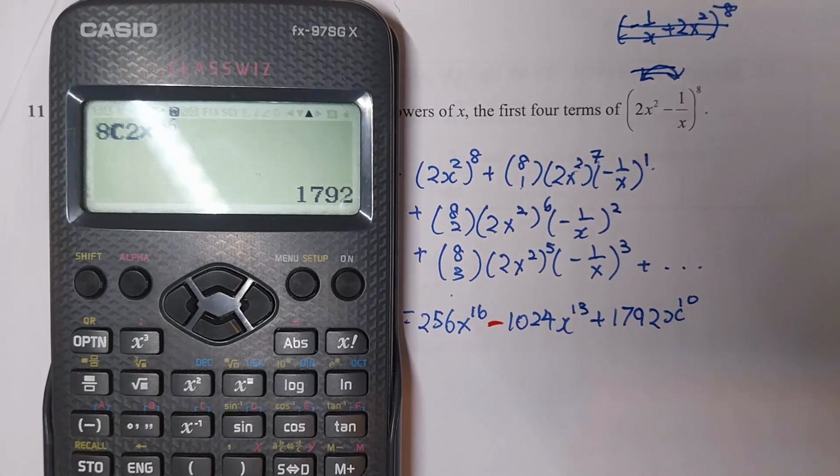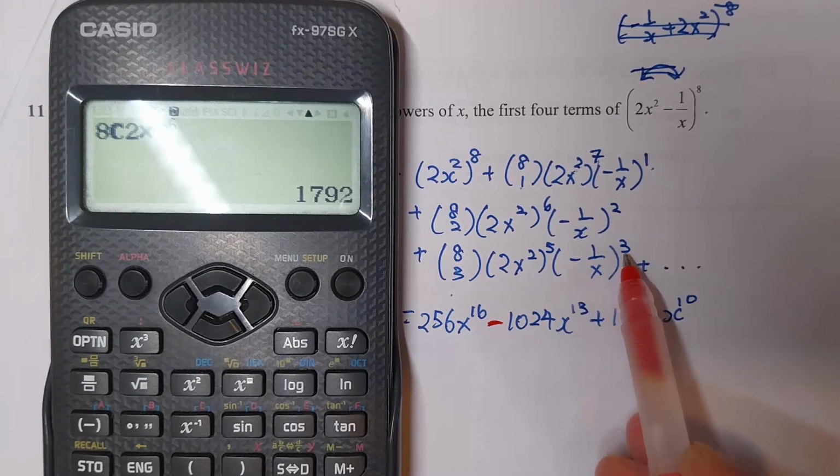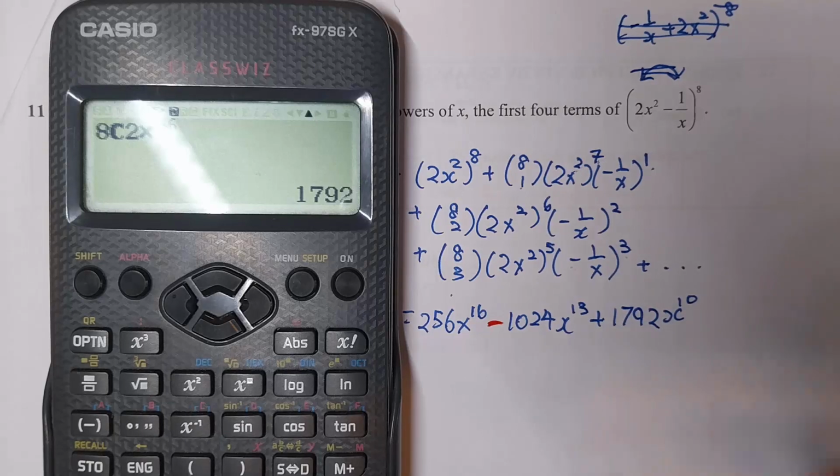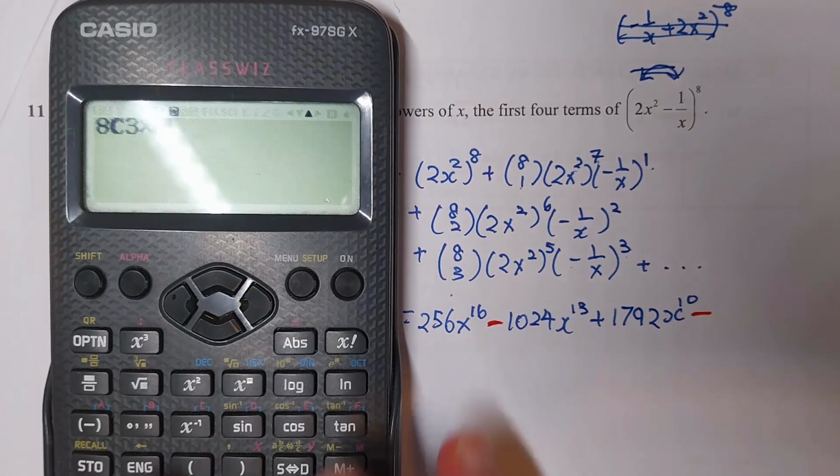So let's try again. Again, you realize that this is actually negative of an odd power, so we should have a minus sign later. Just write this first in case we forget. So we have 8 choose 3 multiplied by 2 power 5, which is actually 32.